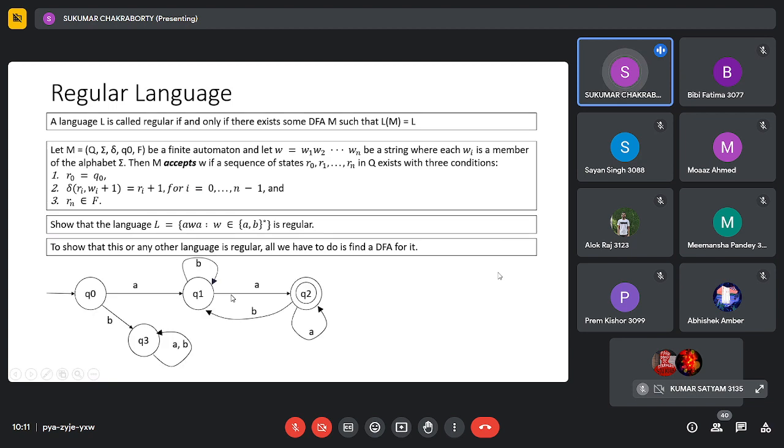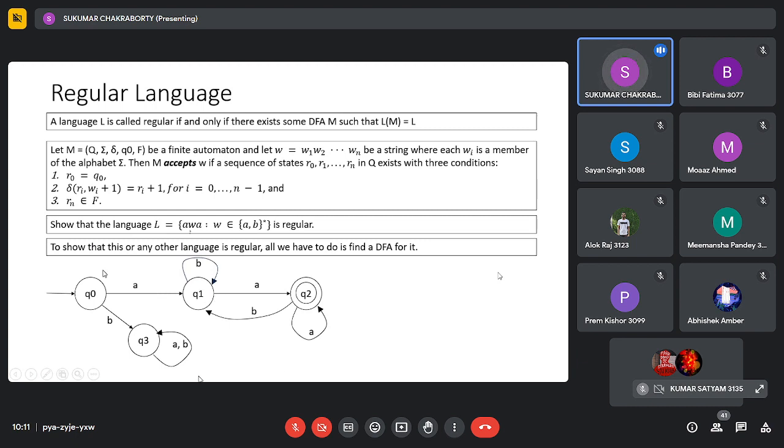So this is a machine for which we are trying to prove that A W A, where W is any string of A or B, W belongs to {A,B} star. That means W is any string containing any number of A's and B's. So we are trying to prove that this L is a regular language, and to prove that you should be able to design a machine.